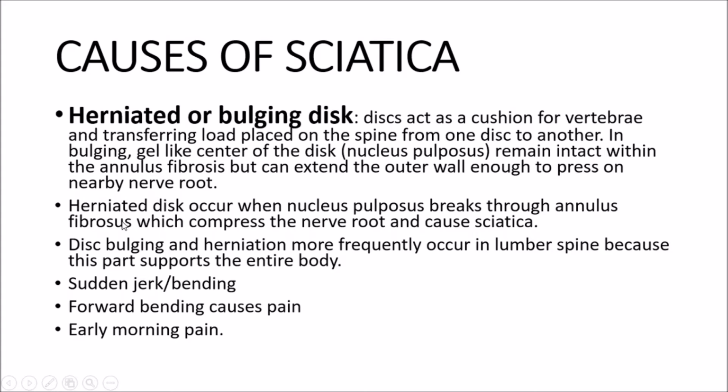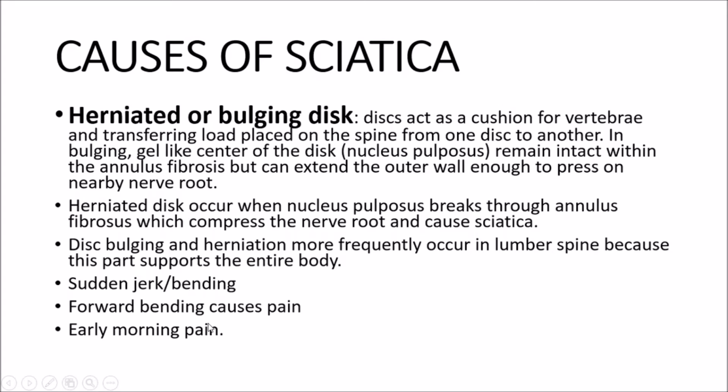A herniated disc occurs when the nucleus pulposus breaks through the annulus fibrosus, compresses the nerve root, and causes sciatica. Disc bulging and herniation occur more frequently in the lumbar spine compared to the cervical spine because it supports the entire body.